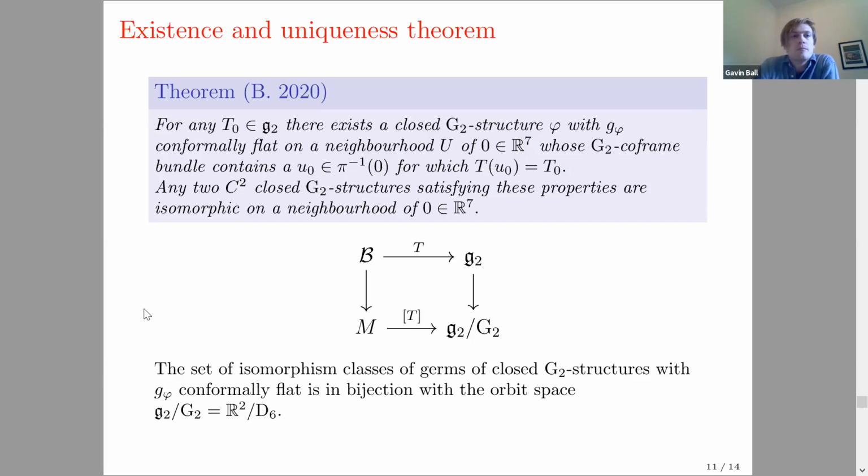So from the existence and uniqueness part of this theorem, you get this result that says that the set of isomorphism classes of germs of closed G2 structures satisfying this conformal flatness condition is, roughly speaking, in bijection with this orbit space for the quotient of the adjoint action of G2 on its Lie algebra, which you can actually identify then with the quotient of a maximal torus in the Lie algebra. It's R2 quotiented by the action of the Weyl group for G2, which is D6.